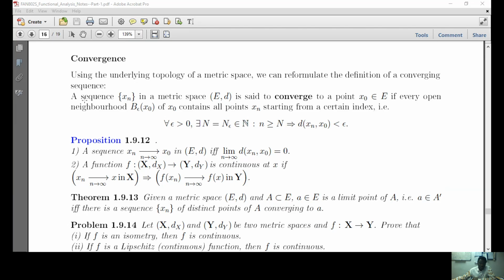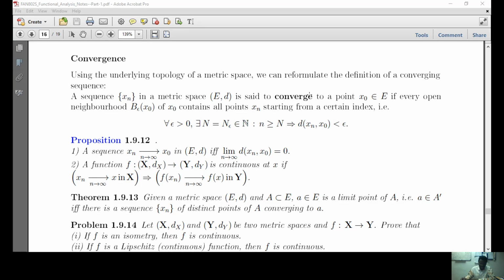A sequence Xn in a metric space (E, d) is said to converge to a point X0 in E if every open neighborhood of X0, that is B sub epsilon of X0, contains all points Xn starting from a certain index. That's exactly what you wrote in R: for any positive epsilon, there exists a rank from which all the terms of the sequence will be in it.